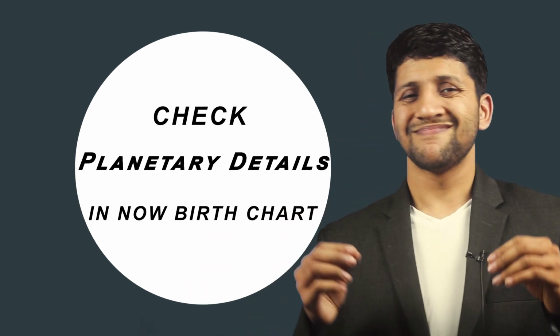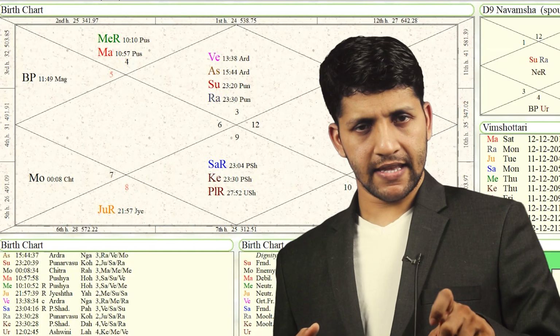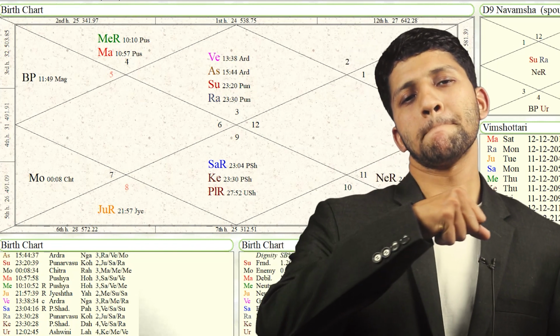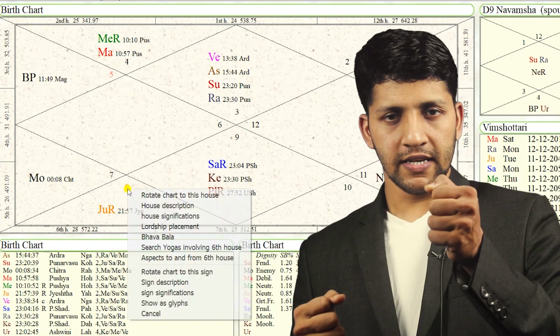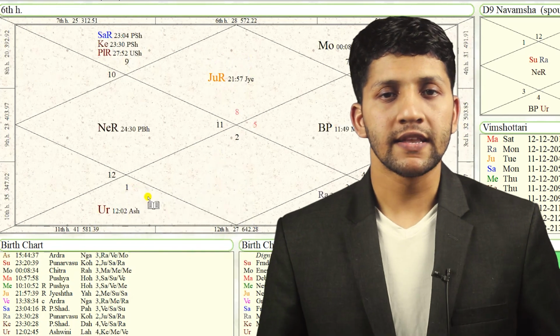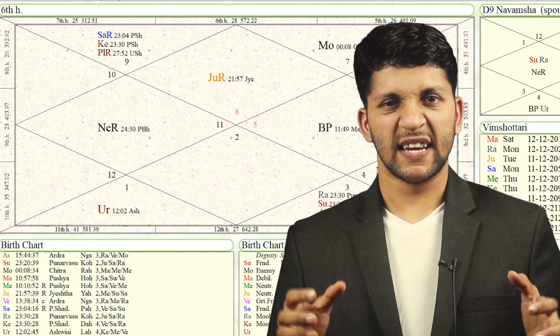Step number 3 is to look exactly where the planets are placed. In our example we have taken the Gemini ascendant and we have Scorpio ascendant in D1. So we are going to make this a Scorpio ascendant, and now look at the planets right now.